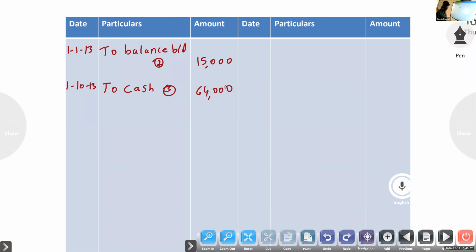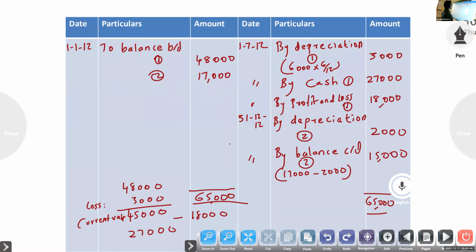And on the same date, the plant purchased on 1st July, means our second machinery we sold. 1/10/2013. First, that machinery depreciation, by depreciation 2.